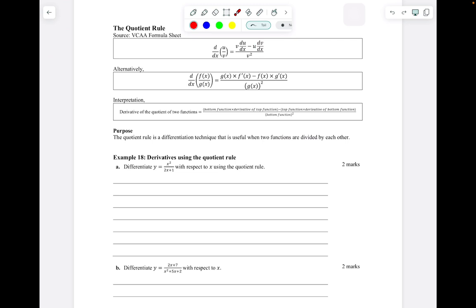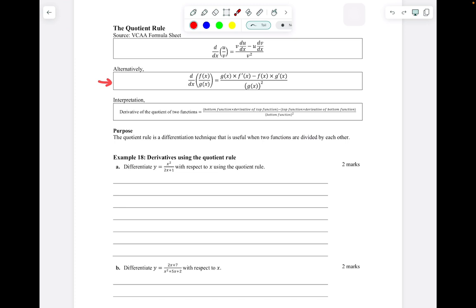It is important that we follow the structure and follow the rule closely as it's given to us so as to not make a mistake. And we then divide it by v squared. So it's important to manage each of our components as carefully as possible.